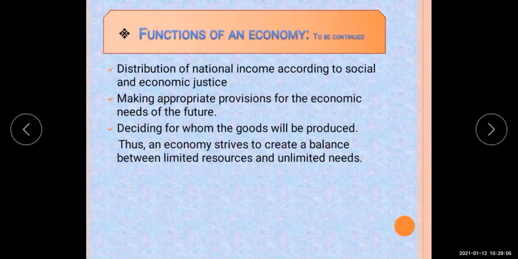One day after another, our needs keep increasing. One or the other need is being added to our list. So here they have said that if you want to strike a balance between the resources which are in our hand, we have to balance our needs.